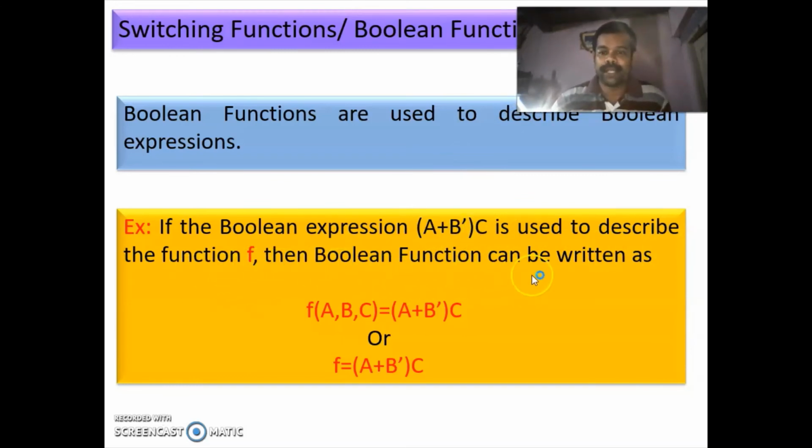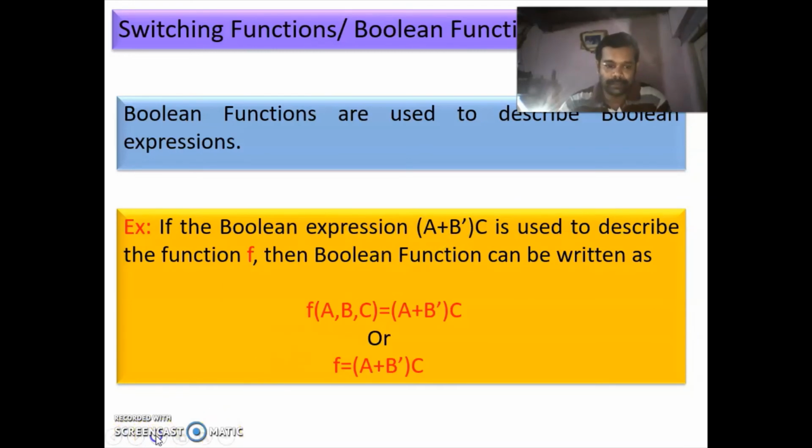Then the Boolean function can be written as follows. How to write a Boolean expression? Here how many variables do we have? Three variables: A, B and C. Now the variables A and C are in the true form and the variable B is in the complement form.